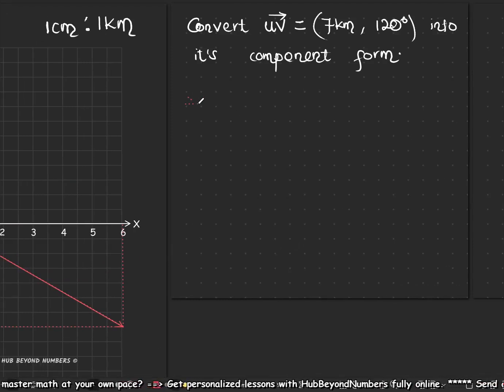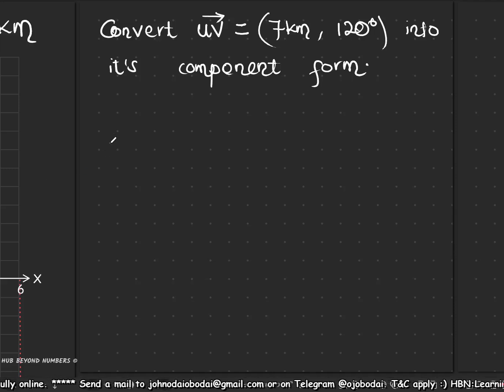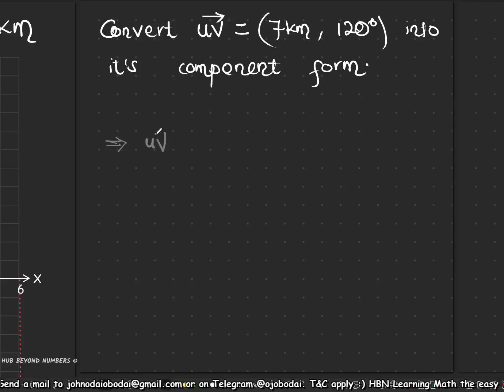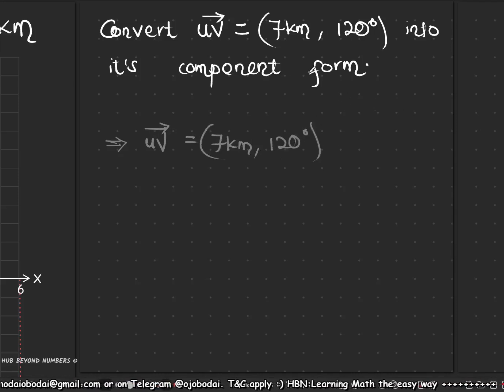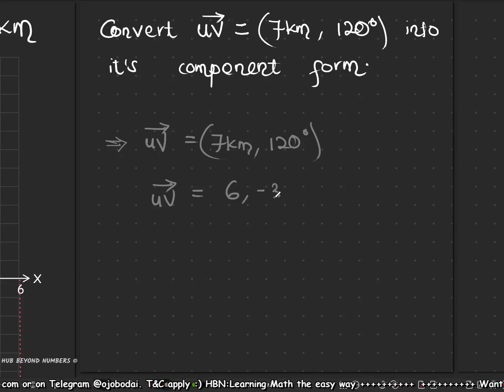So we'll say this implies from our graph that our UV, which was given as 7 kilometer 120 degrees, in its component form is 6, then our negative 3.5.